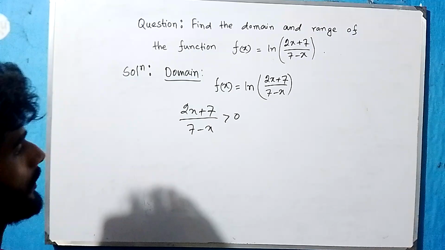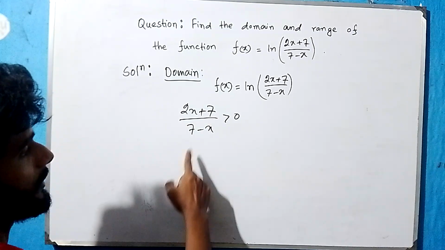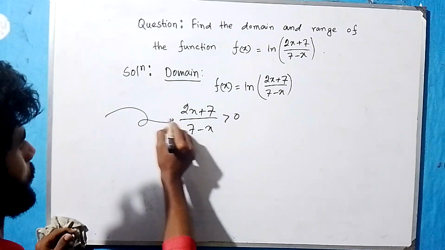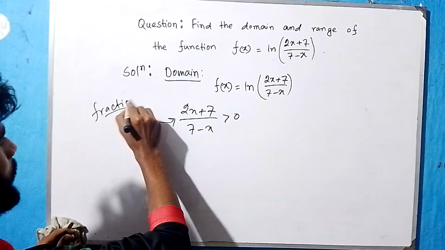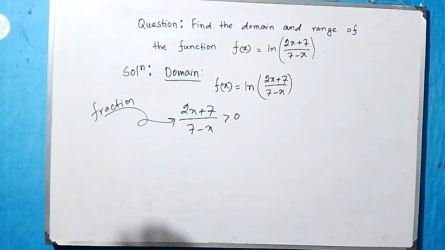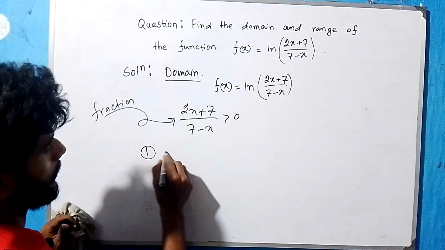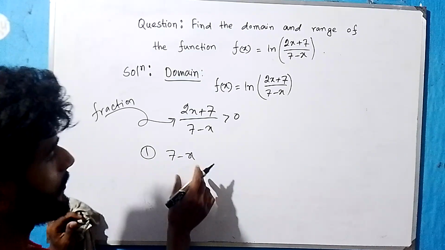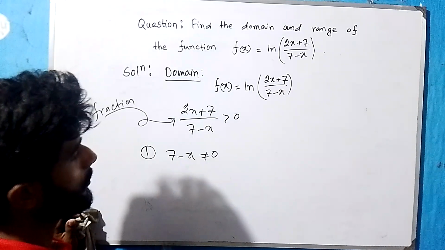Now since this has to be greater than 0 and this is a fraction, then we have 7 minus x, that is our denominator, and this denominator is not equal to 0.